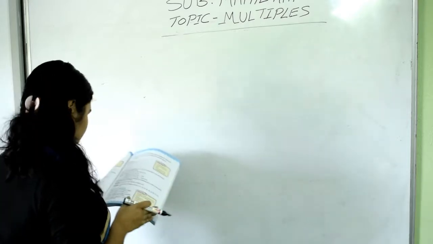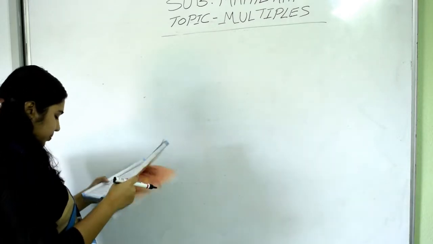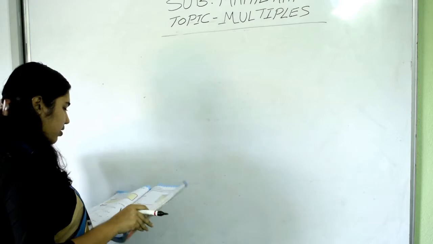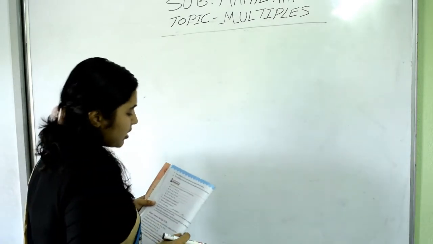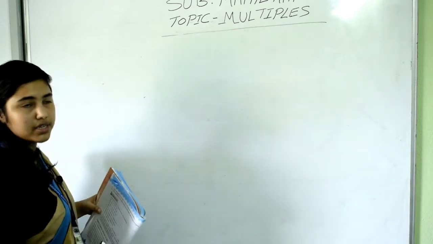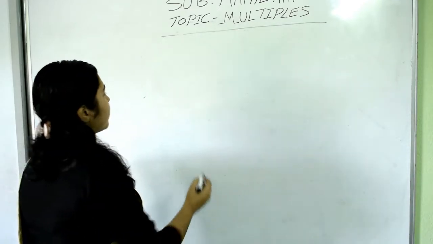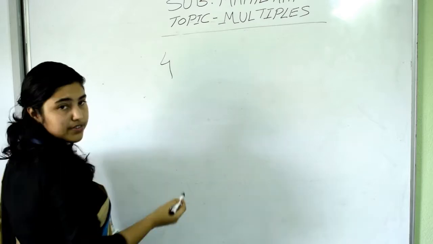These facts are also important. You have to remember that the multiples of an even number are always even numbers. Choose any even number. Suppose 4 is an even number.